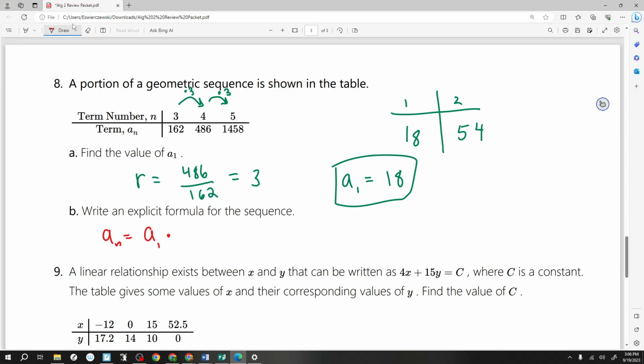Times R. Oh, 3. Okay. You were just doing it? I like it. What's A1? 18 times 3 to the power n minus 1. That n minus 1 is the whole power. It's kind of weird.